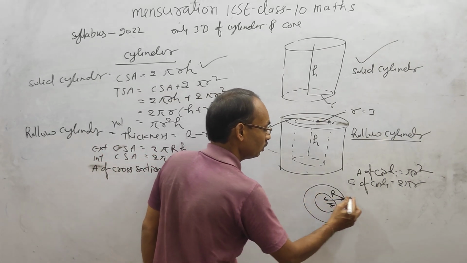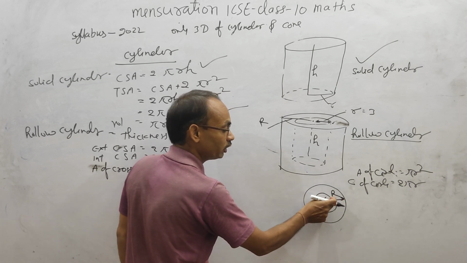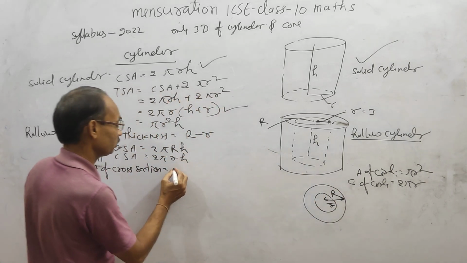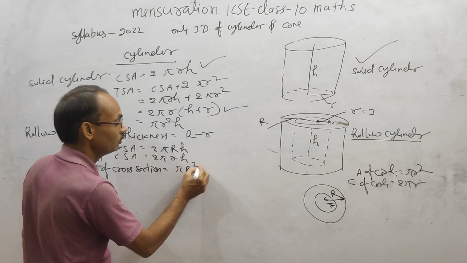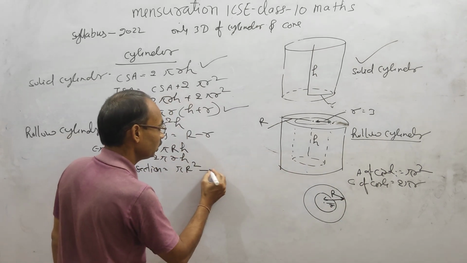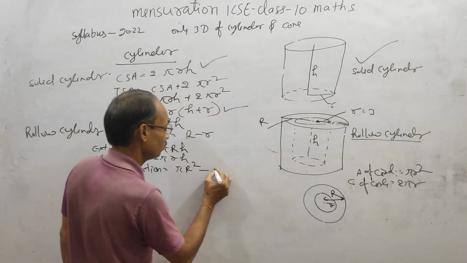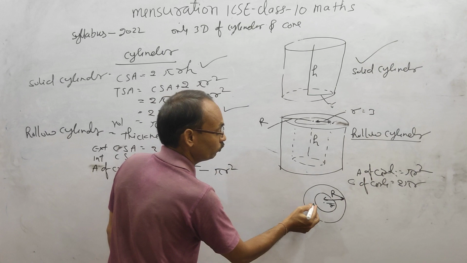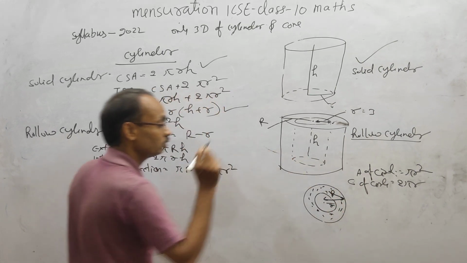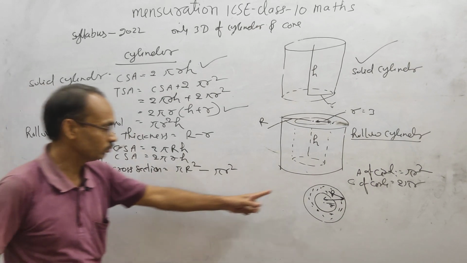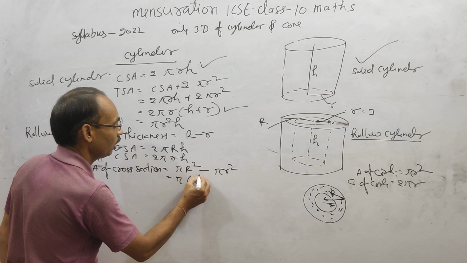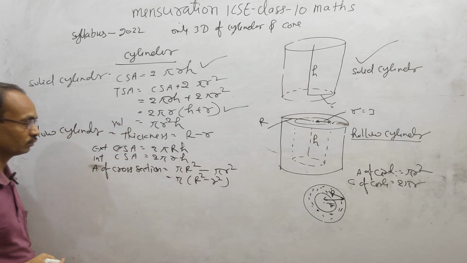Subtracting the area of the smaller from the area of the bigger, whole circle pi R square minus pi r square, and you will get the area of this region. Taking common, pi times R square minus r square.